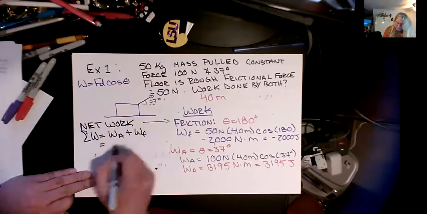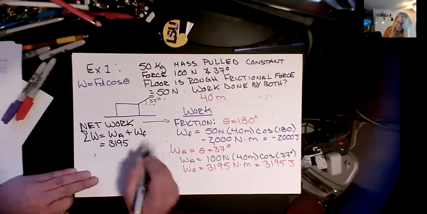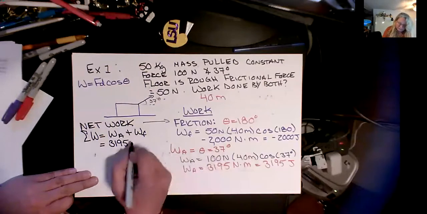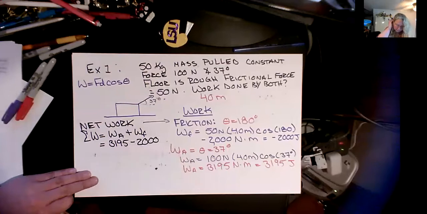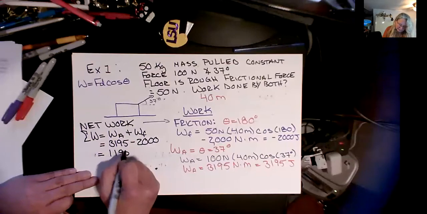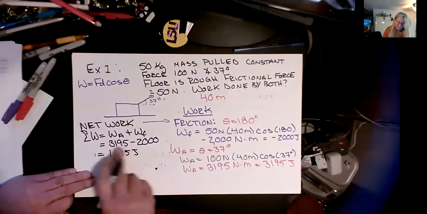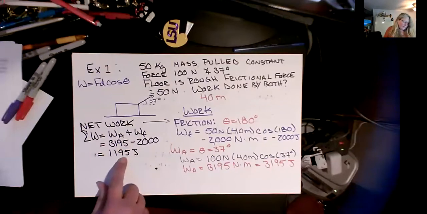Here I know my work applied is the 3195, and this one was negative, so minus 2,000. So that gives me 1,195 joules, and it's a positive value. This is bigger than that. So that's the net work done.